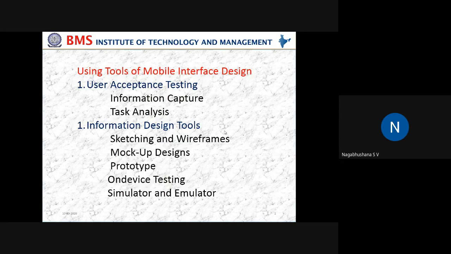Creating mobile application interfaces requires a range of tools, and only by using these tools will mobile developers be able to make the user interface more attractive and more lucrative to the end users.